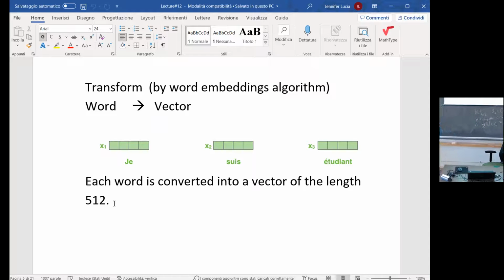What is 512? It is 2 to the power 9. 2 to the power 8 is 1 byte, which is 2 nibbles, 2 hex symbols.